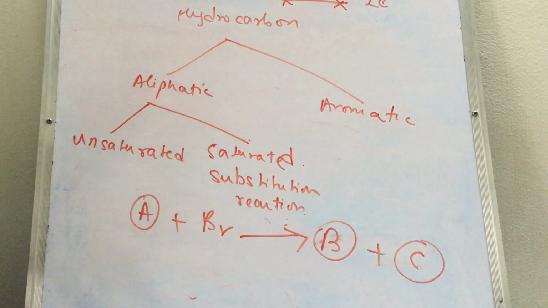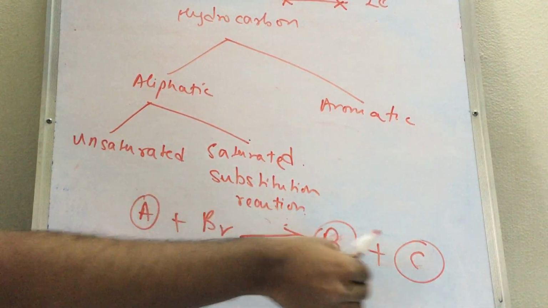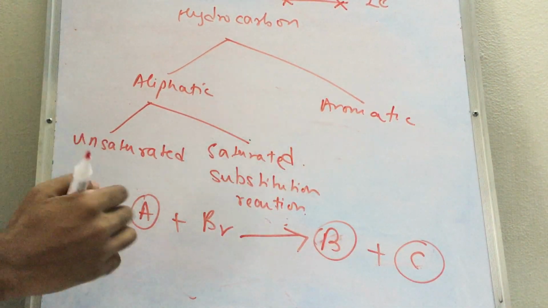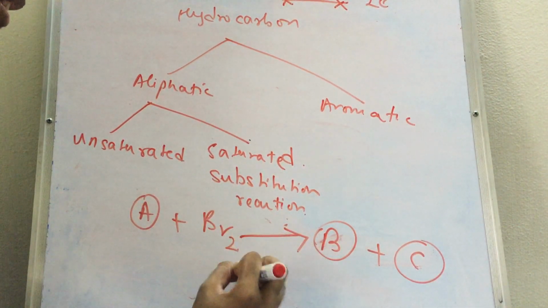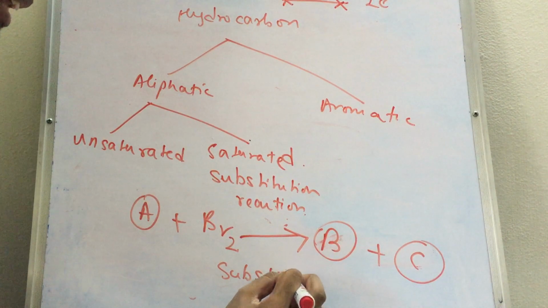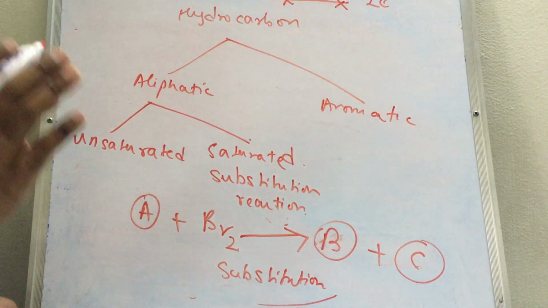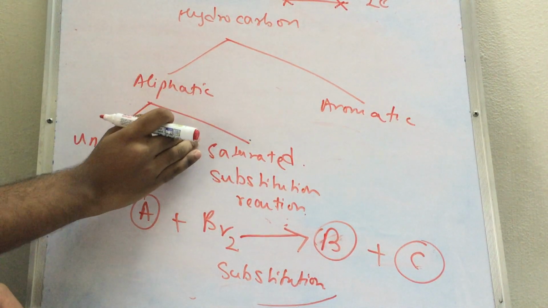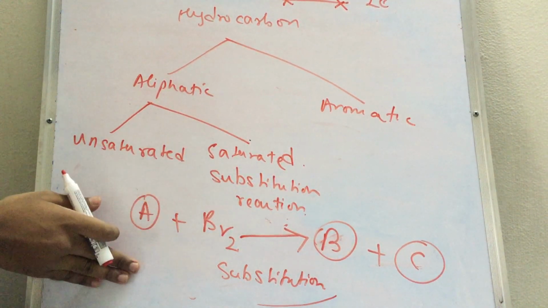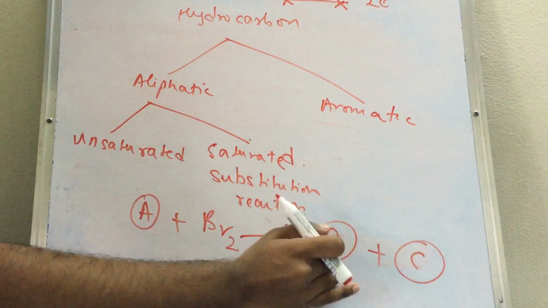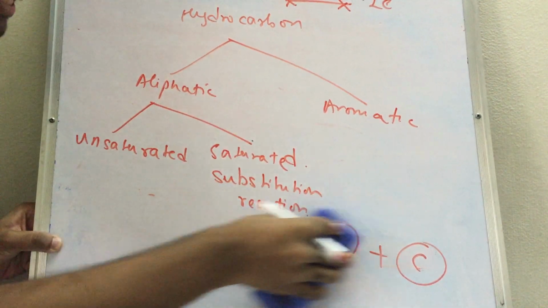Instead of asking you to write the reaction directly, they might represent the products as B and C and a reactant as A. So you need to know that if they say that this reaction is a substitution reaction, then the only thing you can use is a saturated compound which belongs to aliphatic, which is any alkane, in A. So accordingly you will be getting a B, and accordingly you will be getting a C.